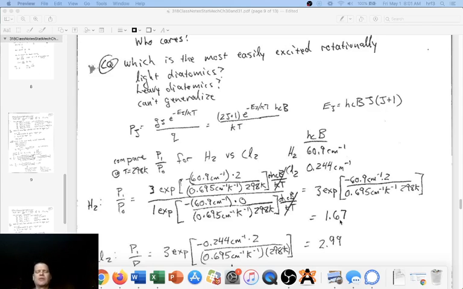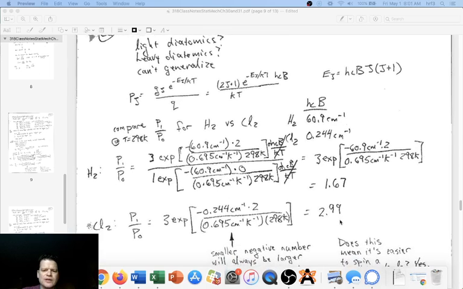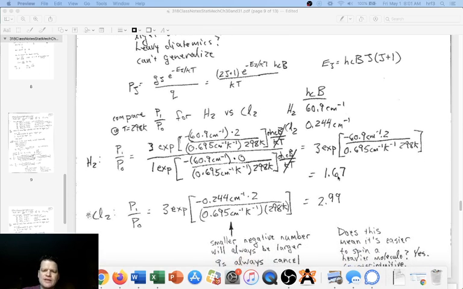So as is common with rotations, the first excited state is more populated than the ground state. That's a little different from vibrations, or certainly from electronic states. It's because of that degeneracy for rotations, how high it goes. So there's 67% more in the first excited state than the ground state for hydrogen.